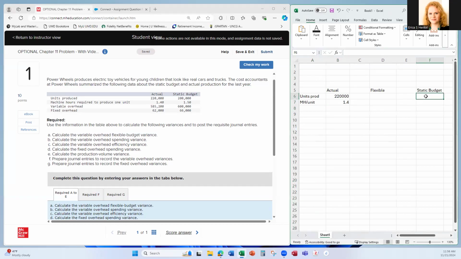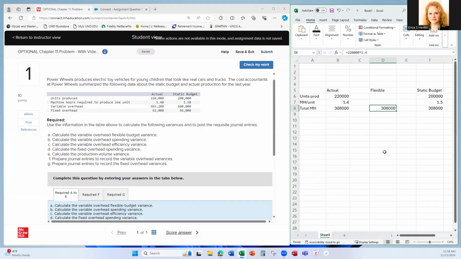And then for the static budget, we had 200,000 at 1.5. So we're going to eventually want to know how many total machine hours we had. So let's just go ahead and multiply this out. Right, so just multiplying this times that.